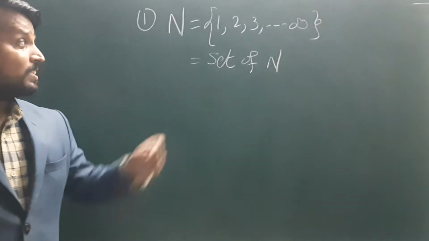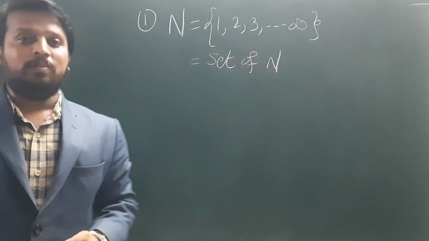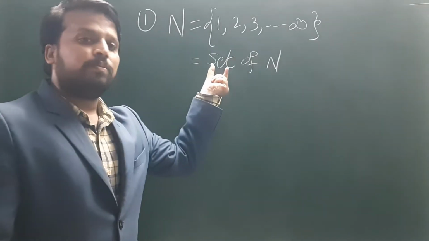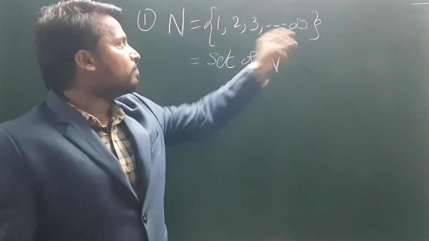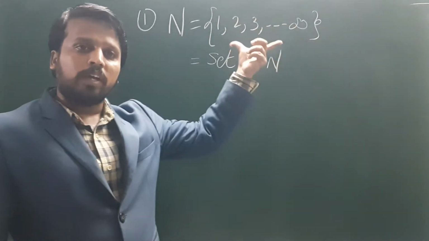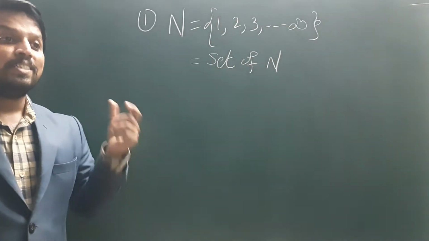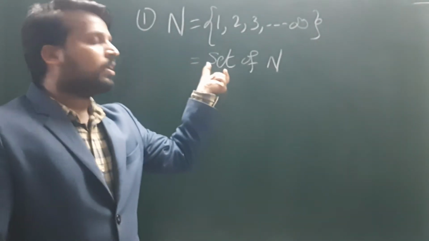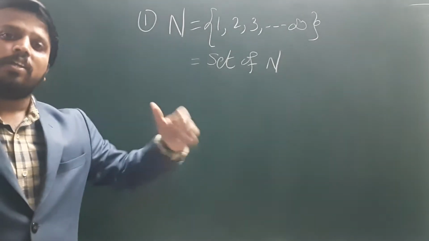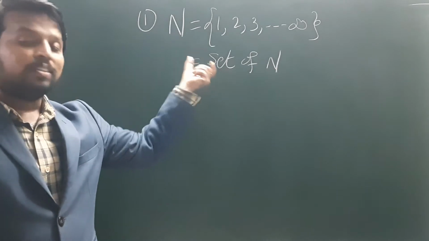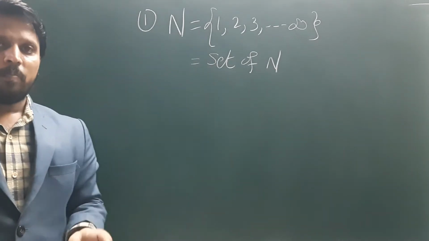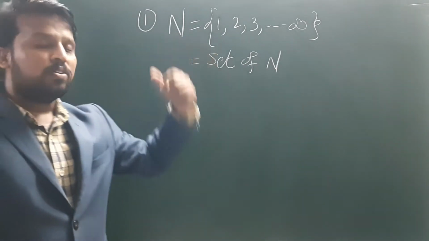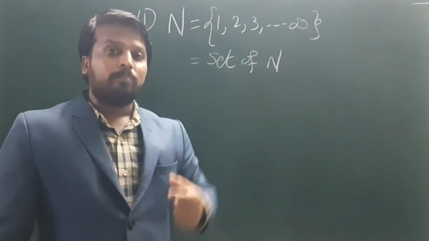So when you write a group of numbers in flower brackets or square brackets, we call it a set. Remember this word, very important. In higher grades we have this sets chapter also. So this is about the first chapter, number types.